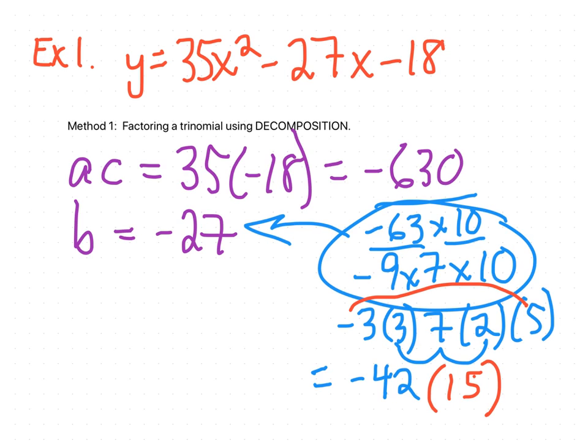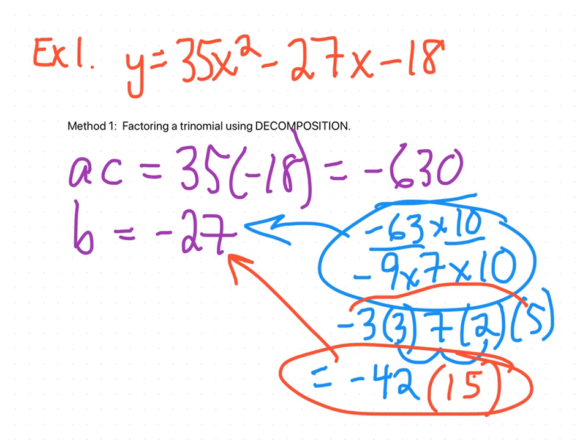And the reason why I'm going to make 42 negative is because our resulting sum is negative 27. So we've got two integers that multiply to equal negative 630, and the same two integers, if you add them, will equal negative 27. So we found the pair of numbers that we need.